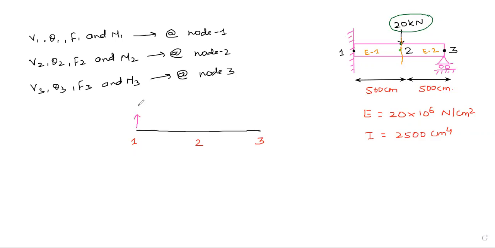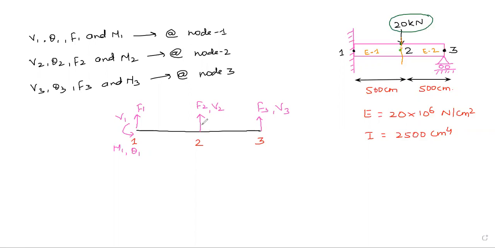So this is force F1, vertical displacement is V1, and this is moment M1, and the slope is theta 1. Similarly, at 2 and 3, this is F2, this is F3. Here vertical displacement is V2, here vertical displacement is V3.